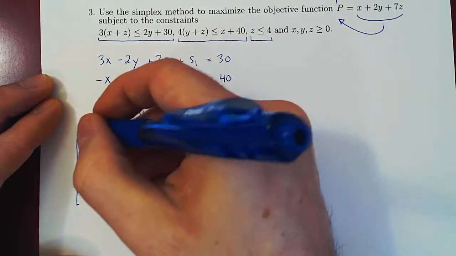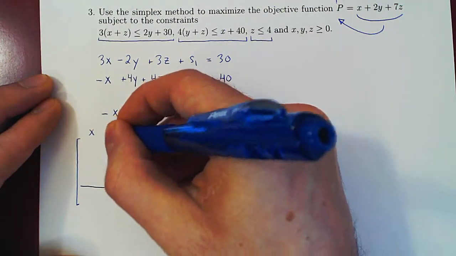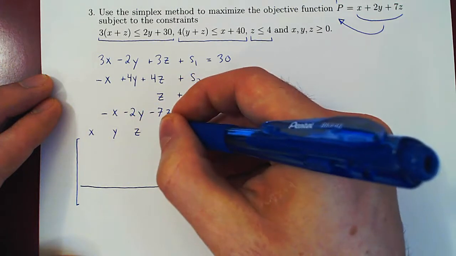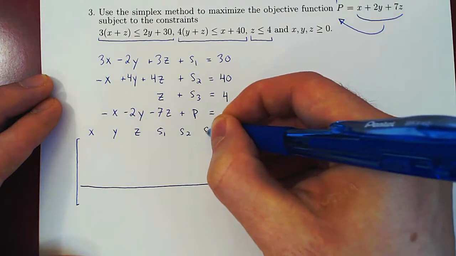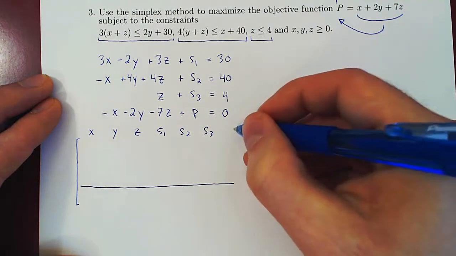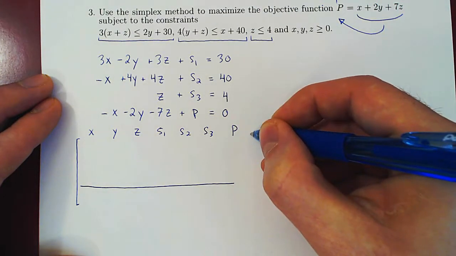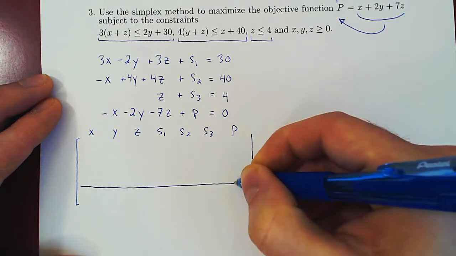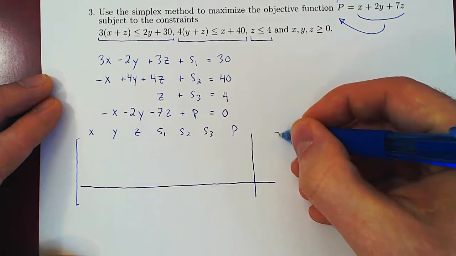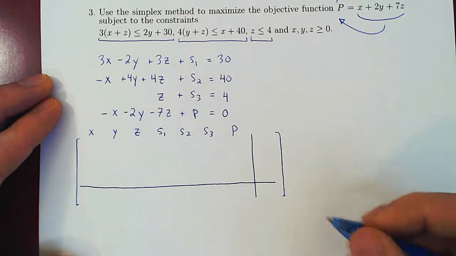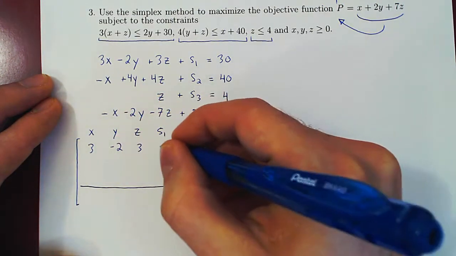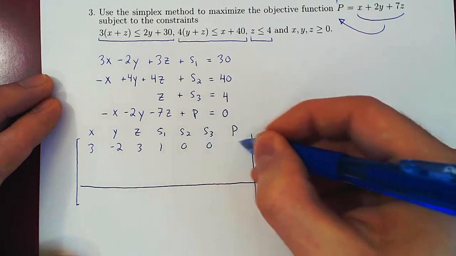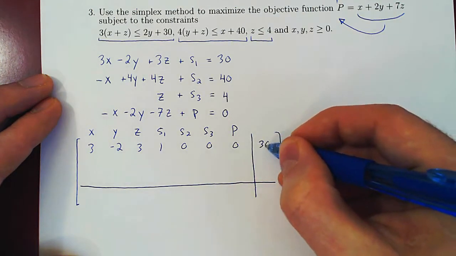So we have our variables x, y, z, our three slack variables s1, s2, s3, with the objective function p. So first row, 3, negative 2, 3, 1, 0, 0, 0, 30.